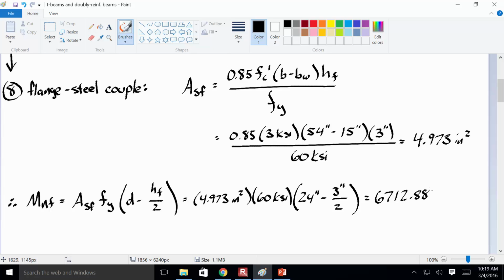Now, if I just literally take these numbers and plug them into the calculator, what are my units that come out? I mean, what's in this expression? Inch kips. And divide by 12.